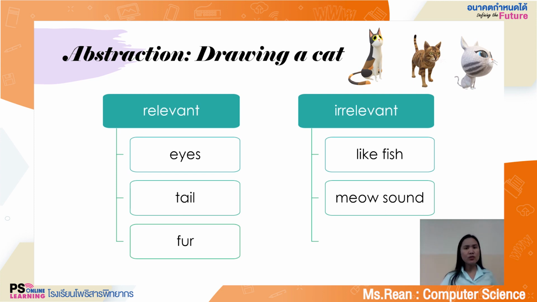In order to draw a cat, we don't need to know the sound of a cat, and how loud, same as the sound. So that is abstraction. Concentrate on the things that you need and ignore what you don't need.